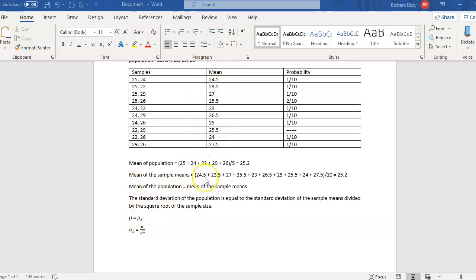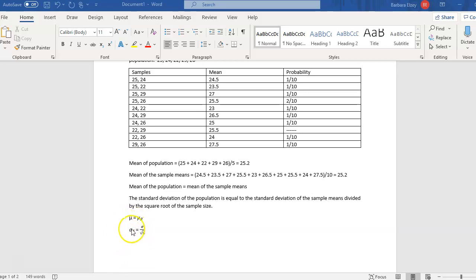It's what I did when I added up all of those means and divided by the same number of means that I had. It turns out that the population mean and the mean of the sampling distribution are the same. So that's nice. We can just use this every time we need the mean. We can use our population mean.